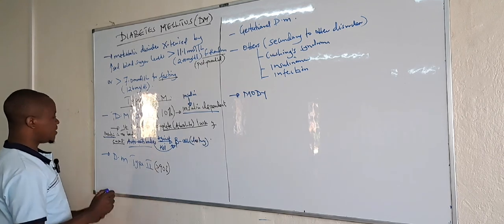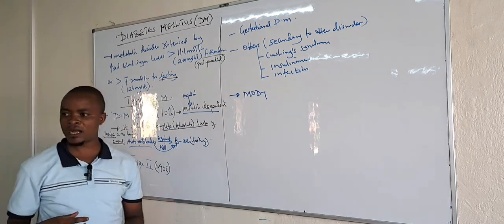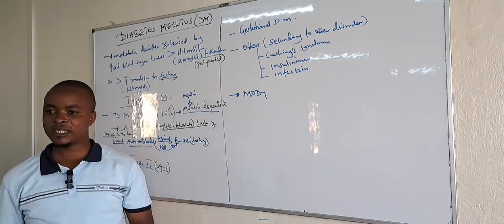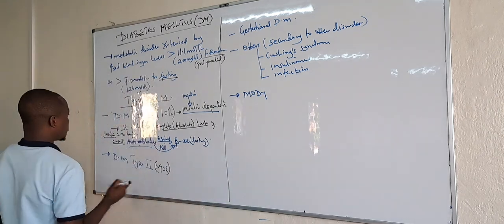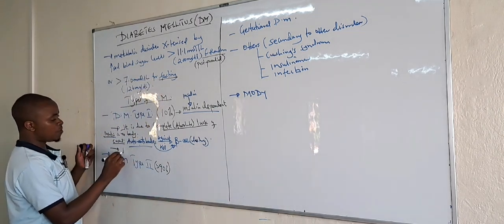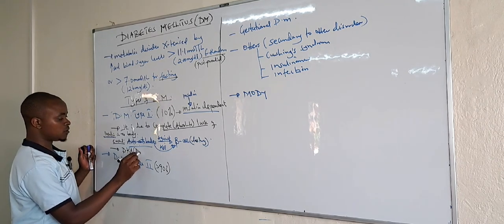Patients who have diabetes type 1 are prone to what we call DKA, diabetic ketoacidosis.